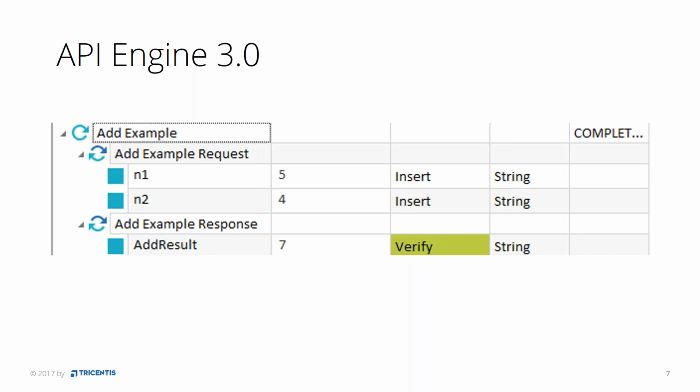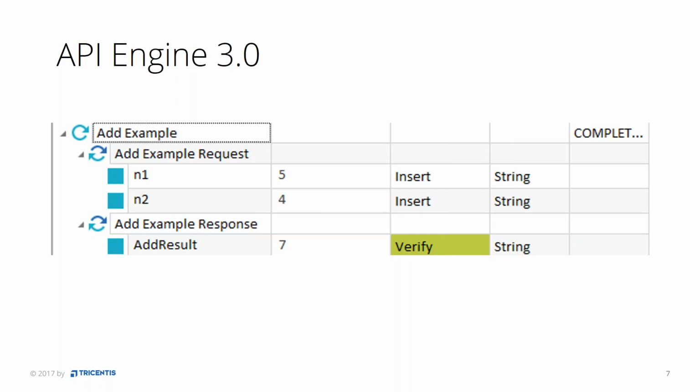It gives us our business relevant information, the N1, the N2, and then our add result in test cases, with our actual modes of either insert and verify, which is the business relevance that you would need to know. Instead of having to go through so many pages of information, the API engine allows you to access the business relevant information right away.